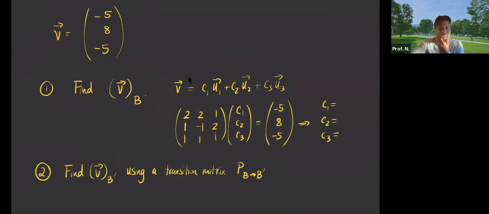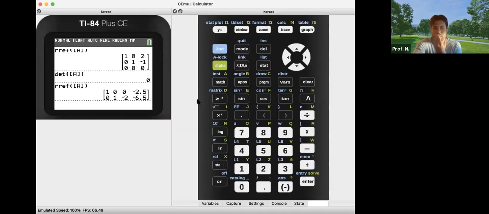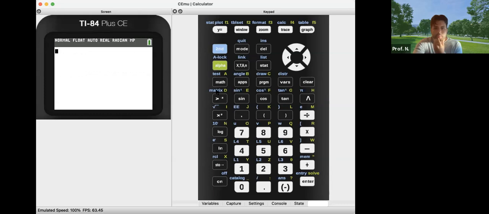I would recommend using the calculator for this again. So I'm going to use a 3 by 3. So I got 2, 2, 1, 1, negative 1, 2, 1, 1, 1.